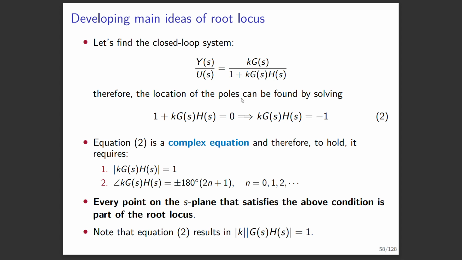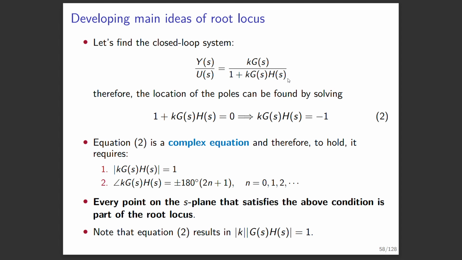Imagine that rather than K times G times H, I had some unknown real number X, and 1 plus X equals 0. That means X is equal to negative 1. For real numbers, that is easy to solve, and so I can just say my number is negative 1.